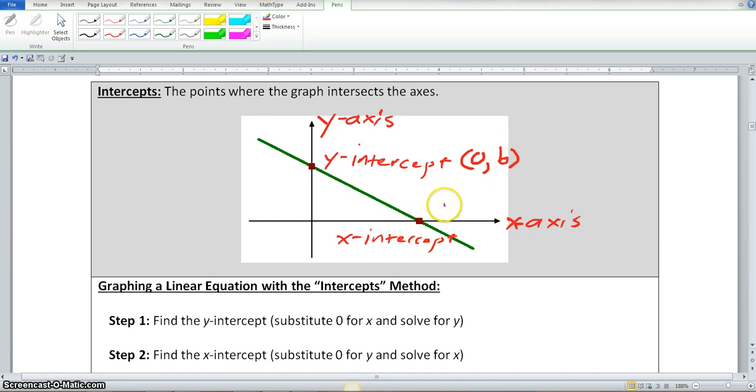Now for your x-intercept, again, x is first, y is second, so y would be 0 here. Now we're going to use a to denote your x-intercept. So your y-intercept is 0, and then whatever value y is. And then your x-intercept is whatever x is, and y will be 0.